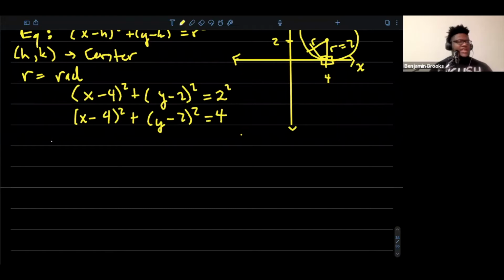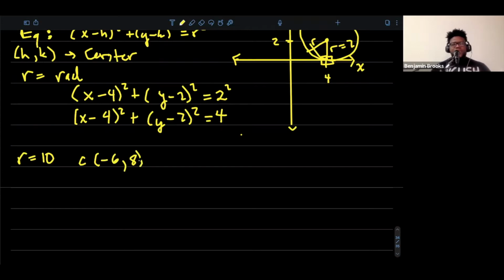All right, so here's your challenge. Basically, you're going to write the standard form of an equation. This format that we're talking about is called standard form. So you're going to write the equation of a circle in standard form, where r is equal to 10, and the center point is -6, 8.